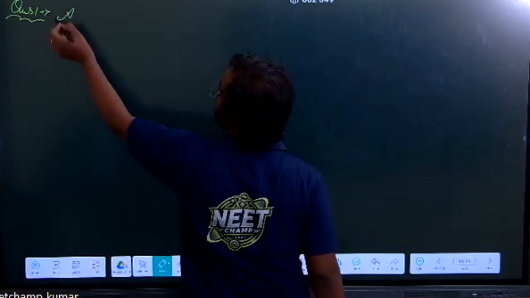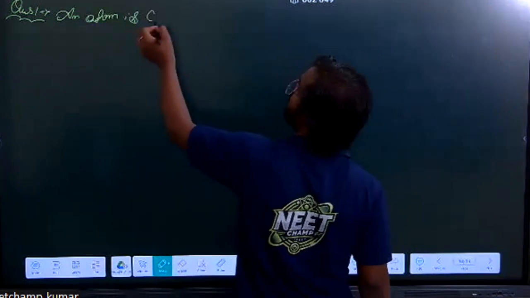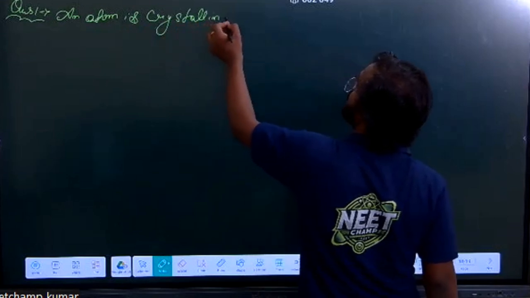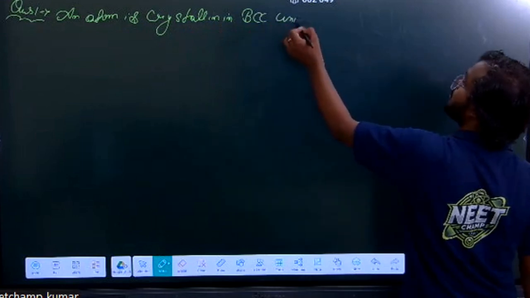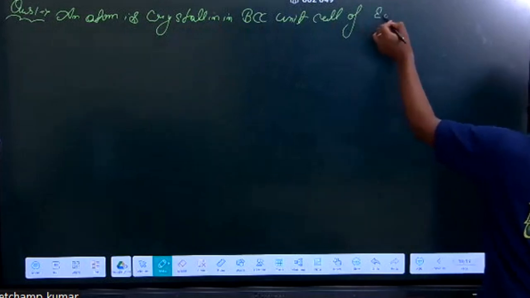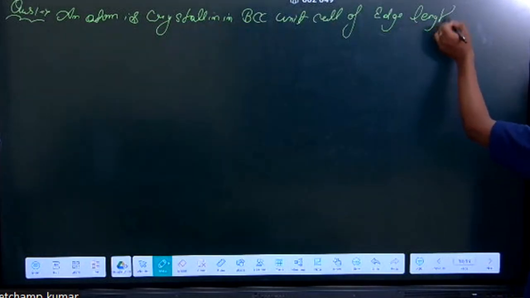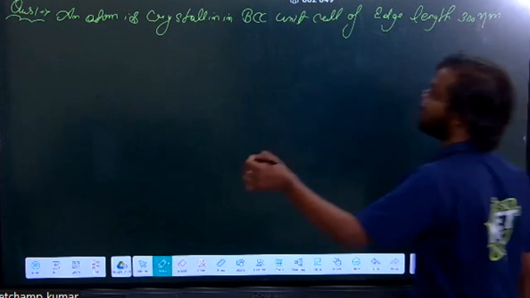Okay, an atom is crystalline in BCC unit cell of edge length 300 nanometer.